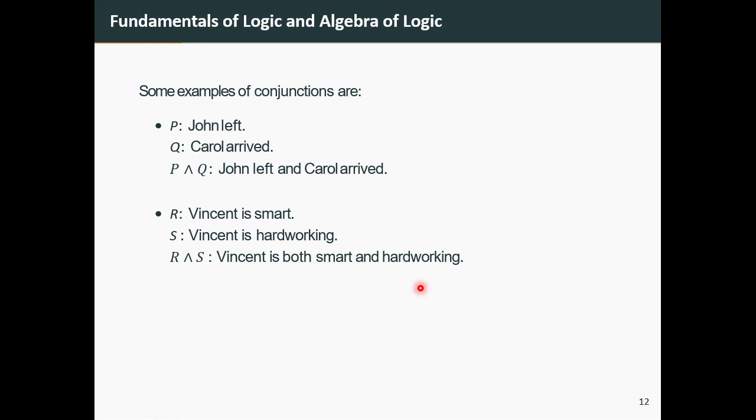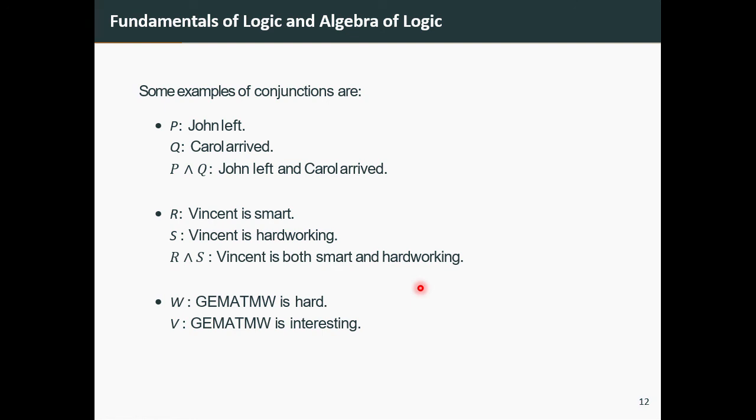Now I'd like to point out that the statement Vincent is smart and Vincent is hardworking is also the conjunction. However, we sometimes use our English skills to make the statement a little shorter. For our last example, GE Math is hard and GE Math is interesting.